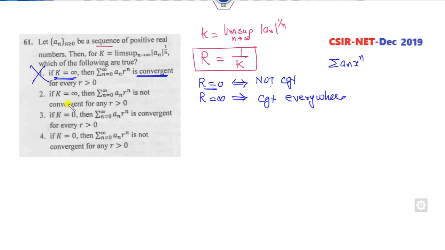Cancel out. K is infinity, r is 0, not convergent. Not convergent is the correct option. K is 0, r is infinity, convergent everywhere, convergent for every x. K is 0, r is infinity, convergent everywhere, but he said not convergent. Cancel. So simple. You can remember these tips.